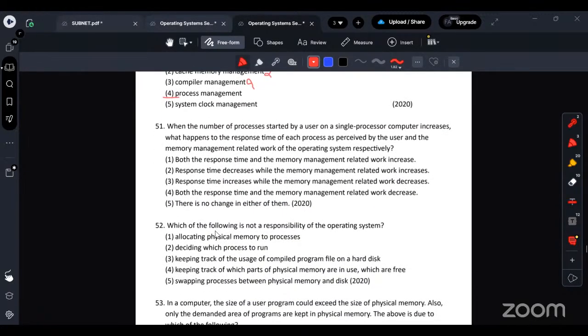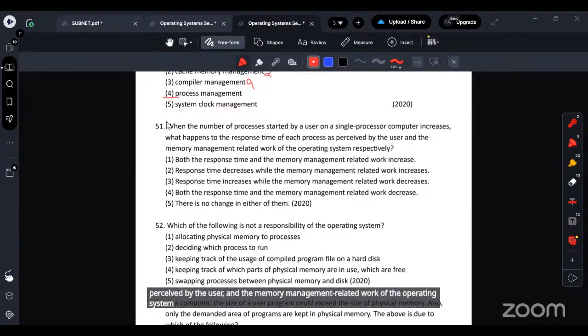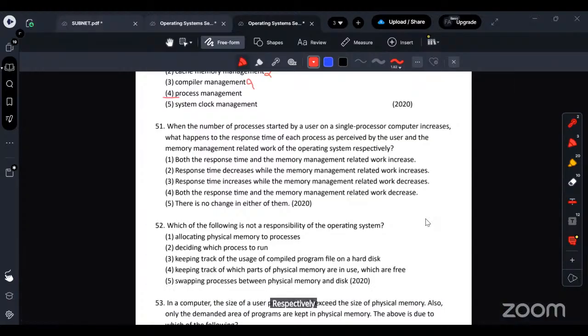Okay. When the number of processes started by a user on a single processor computer increases, what happens to the response time of each process as perceived by the user and the memory management related work of the operating system, respectively? Option 1.